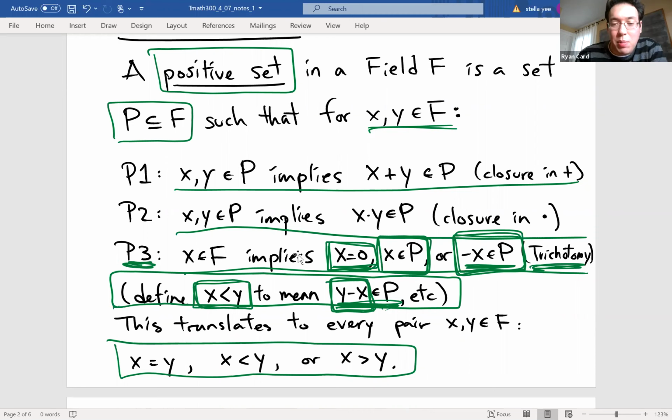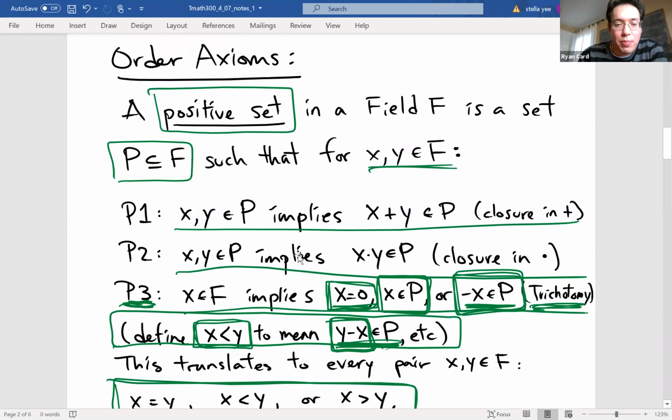So there are 3 possibilities, and these 3 are what you have. So this is an easier rule to use than P3. So that's what we'll do.